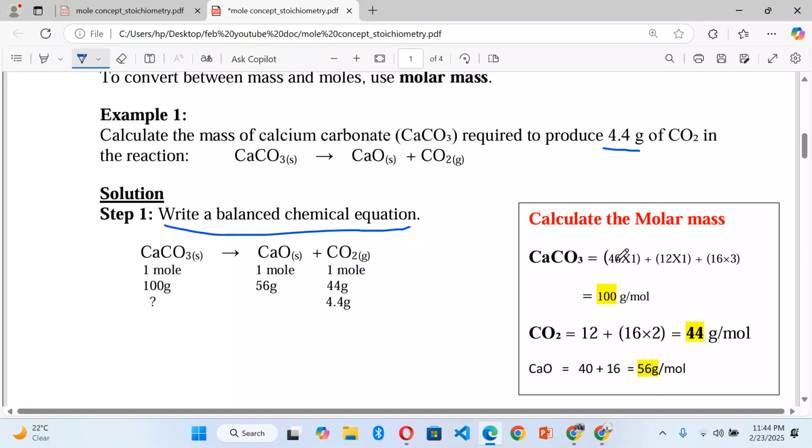So when you add 40 plus 12 plus 16 times 3, what do you get there? 48. So 48 plus 12 plus 40, you are able to get 100 grams per what? Per mole. 1 mole of calcium carbonate weighs 100 grams. We looked at that. So you can put 100 grams.